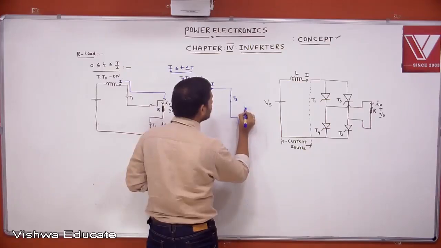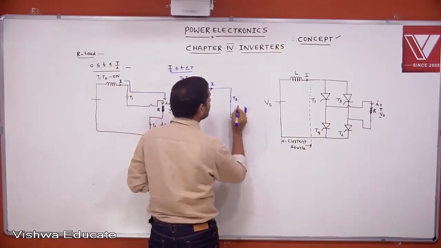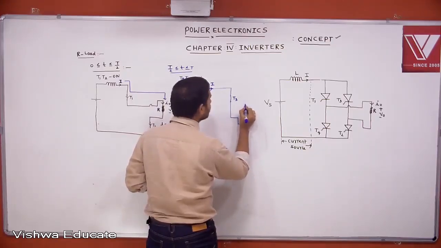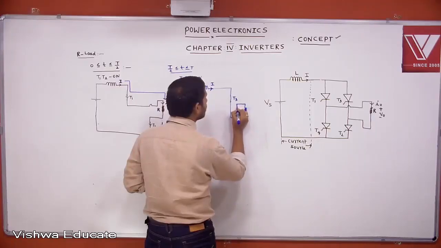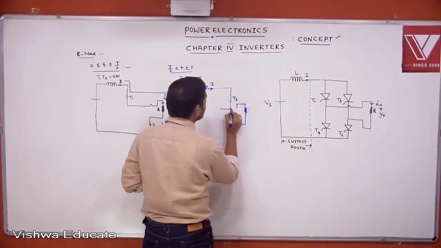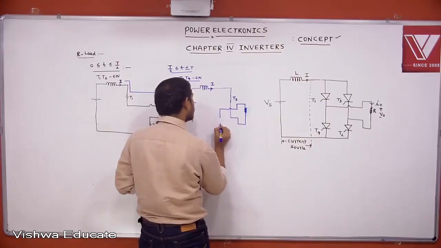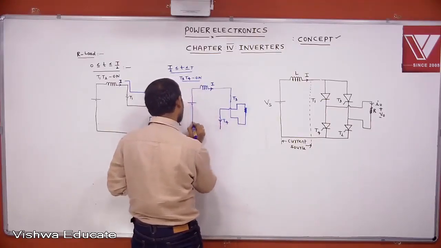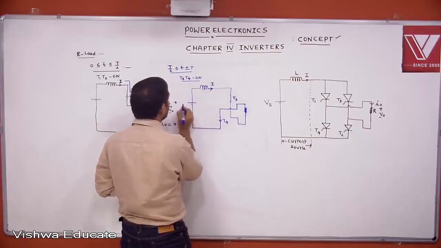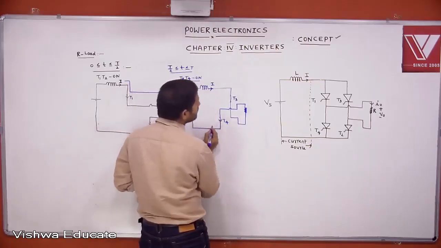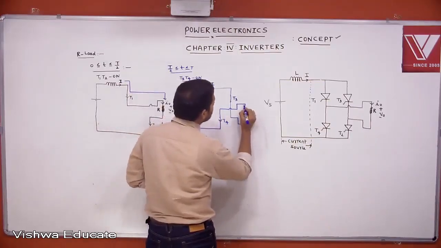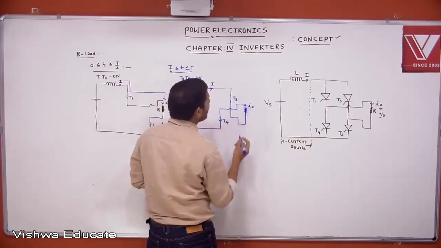This is the load, and this is T4 on. This is I, the assumed current direction I naught.